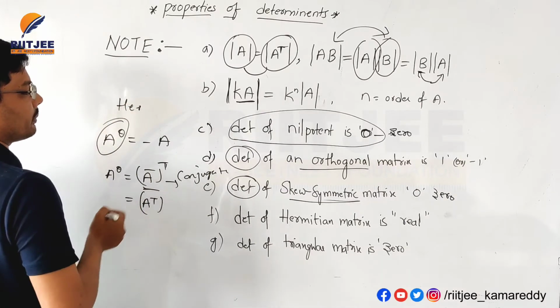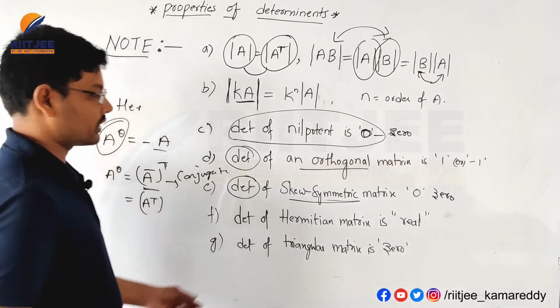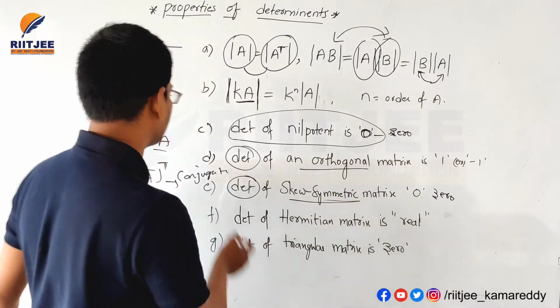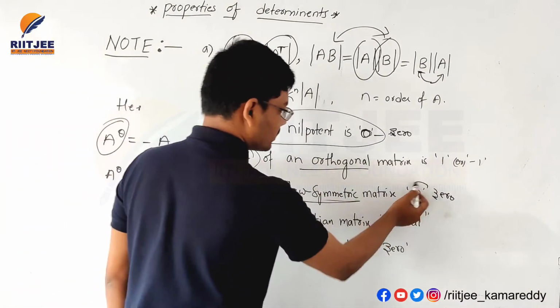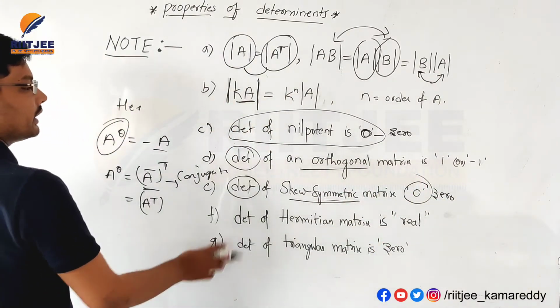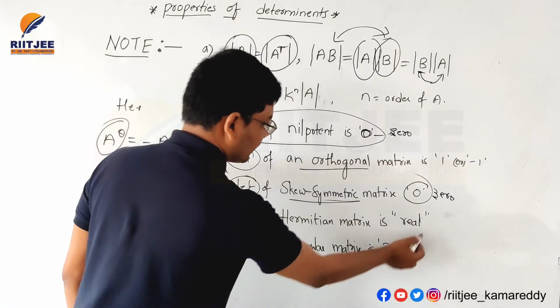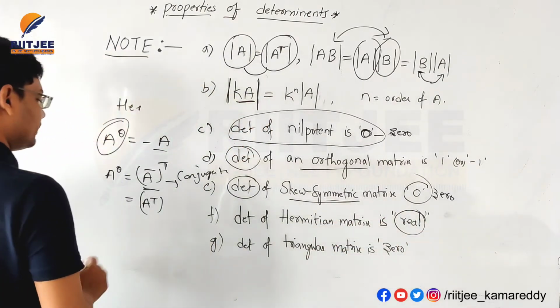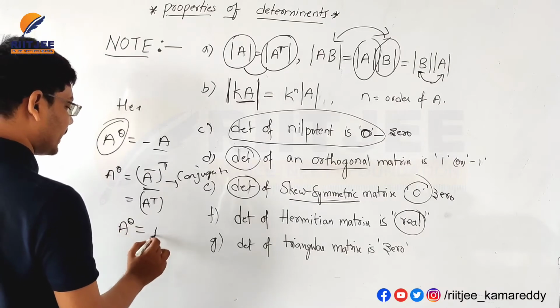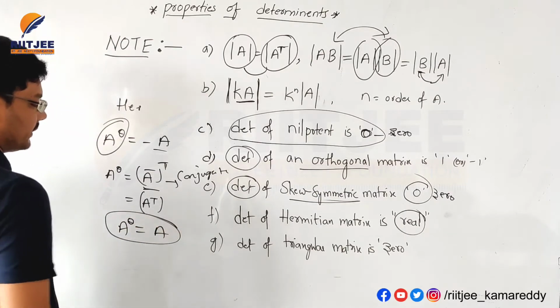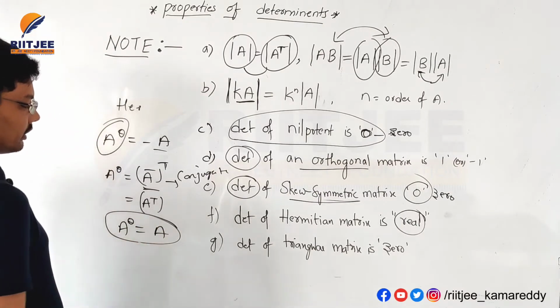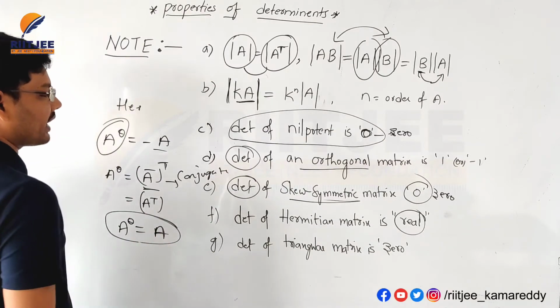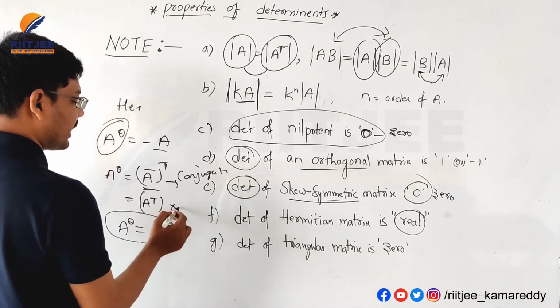A power theta is equal to minus A. This is called skew Hermitian. Then the determinant of a skew Hermitian matrix is always 0. Next, determinant of a Hermitian matrix is real. Determinant of Hermitian matrix: A power theta is equal to A. Generally it is called a Hermitian matrix. A power theta is equal to A. For those types of matrix, the determinant value is a real value.